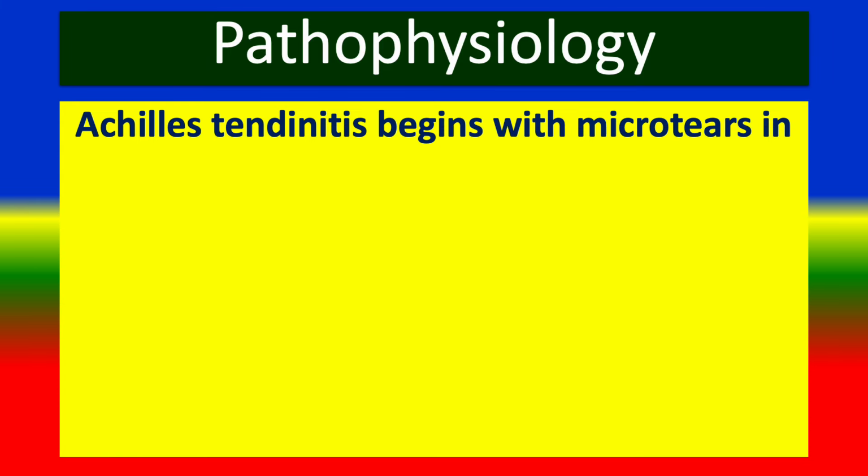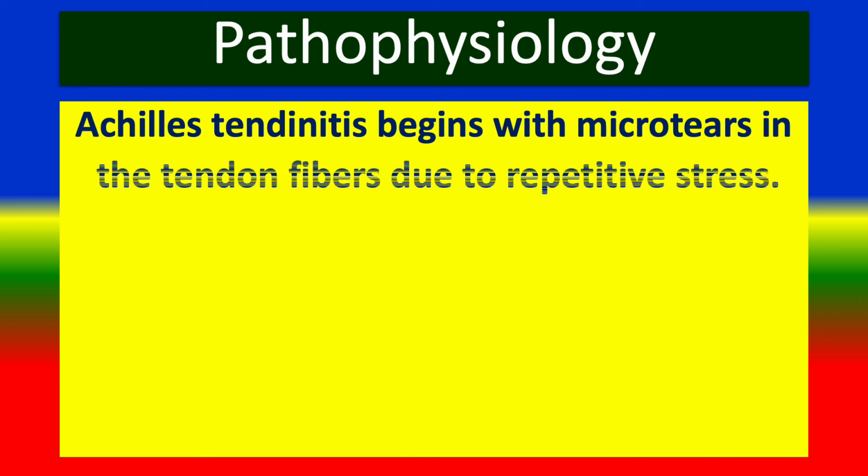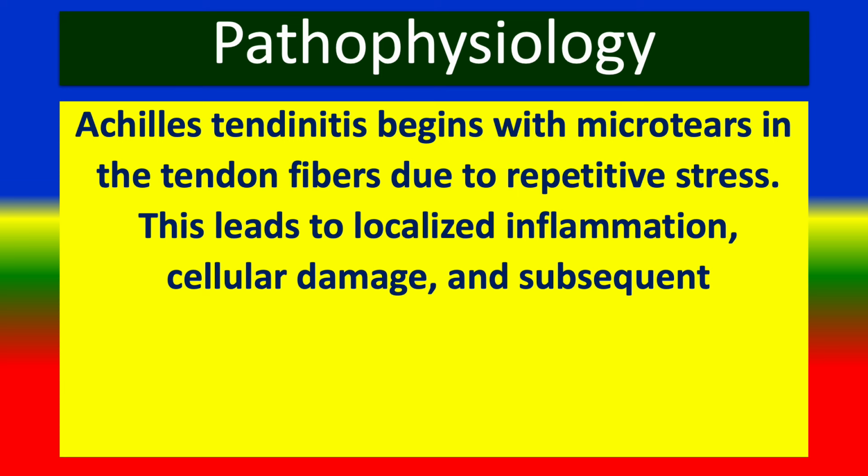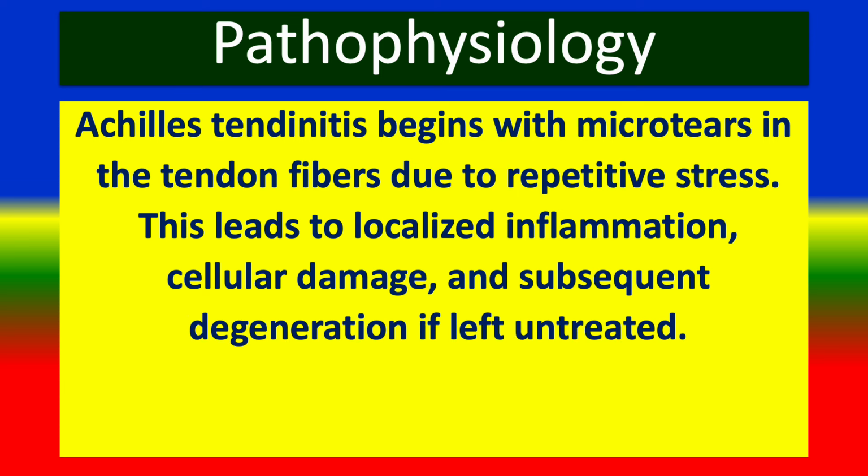Pathophysiology: Achilles tendinitis begins with micro tears in the tendon fibers due to repetitive stress. This leads to localized inflammation, cellular damage, and subsequent degeneration.